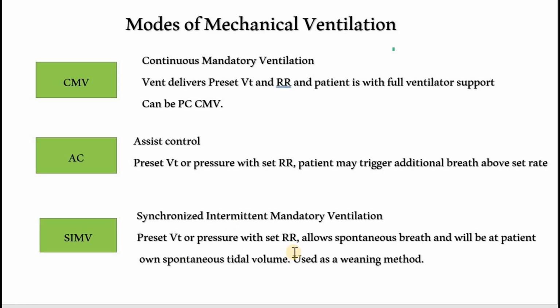The difference of SIMV from assist control is it allows spontaneous breaths, but during the spontaneous breath, the patient will have the patient's own tidal volume, whereas in assist control, the ventilator senses the breath and provides preset tidal volume or preset pressure. In SIMV, the ventilator will provide preset tidal volume at preset rate, and if the patient starts the patient's own breath, it will be independent of the ventilator breath, and the tidal volume may vary.